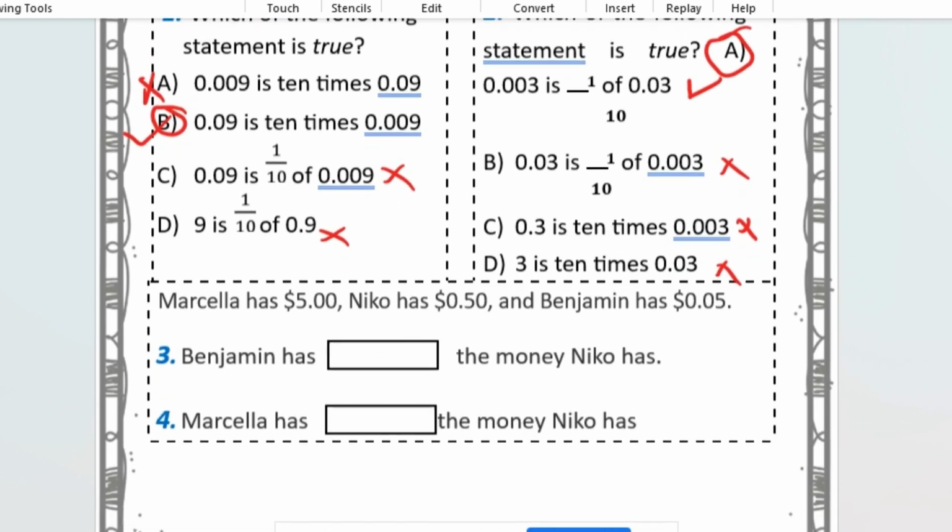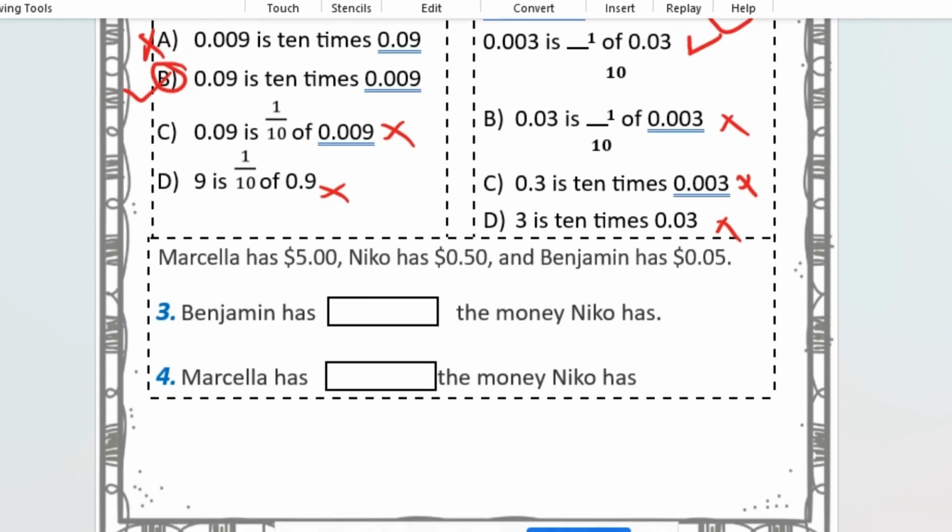Let's move on to the next question. Now, Marcelia has $5, Nico has $0.5, and Benjamin has 0.05. So Marcelia has $5, Nico has 50 cents, and Benjamin has 5 cents. So Benjamin has how many times as much money as Nico?